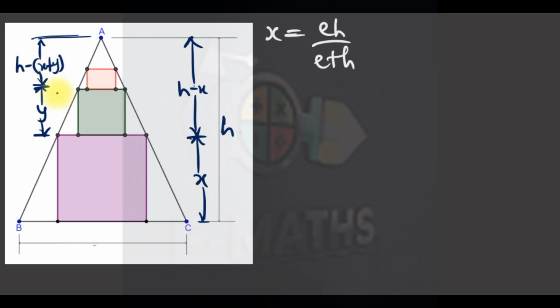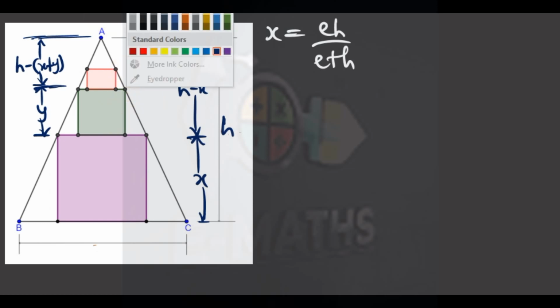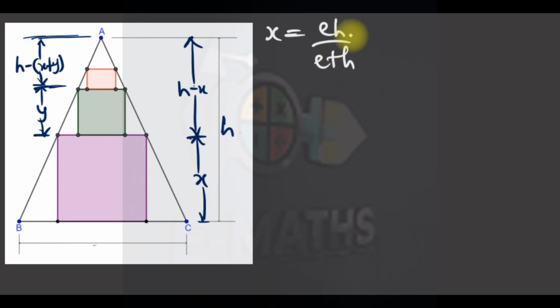Since here is x and here is y, the remaining height will be h minus x plus y. So we can see that for y, the height is h minus x.